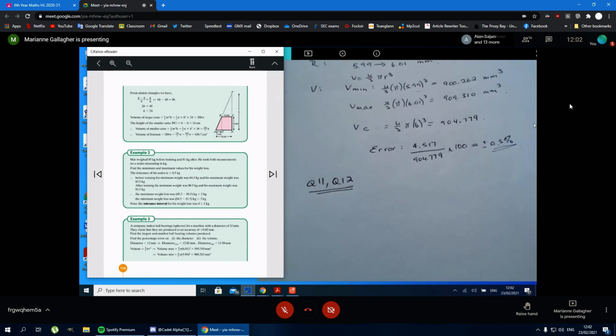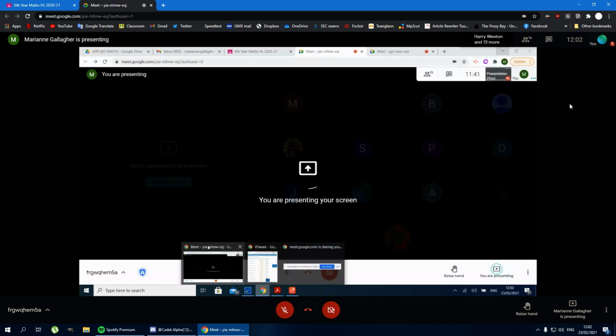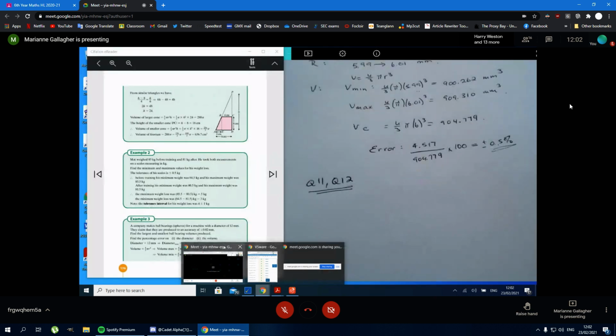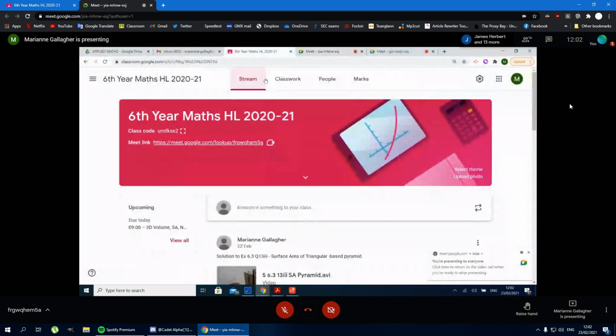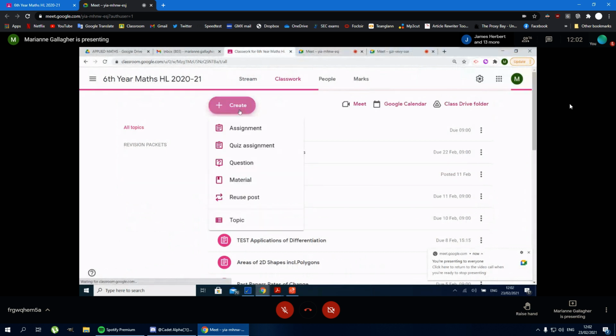And in the meantime, I'll have a look to see if there's an exam question we could look at as well. And then tomorrow we're going to look at the trapezoidal rule, which ties into a lot of the integration questions. So we might go back and look at one or two integrations once we've covered that to pull all that together. So if you want to just try 11 and 12, I'll put it up in Classroom and see if there's a nice exam question we can do on that.